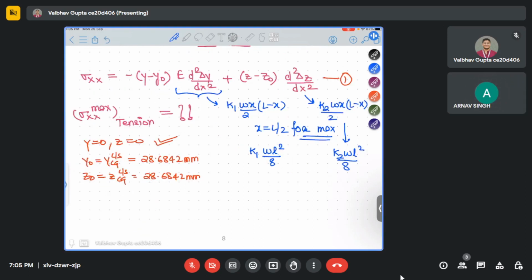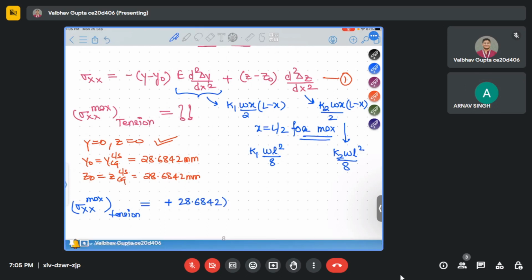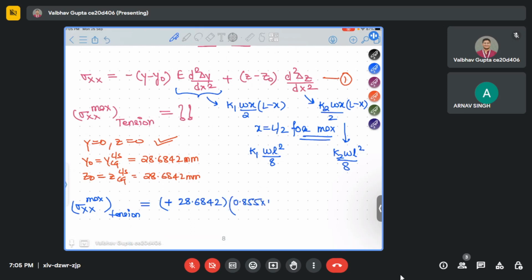Just put here. So sigma xx max tension. You will get minus Y naught, minus will become plus 28.6842 into, we'll put K1 as 0.855 into 10 to the power minus 6. W is 0.1.